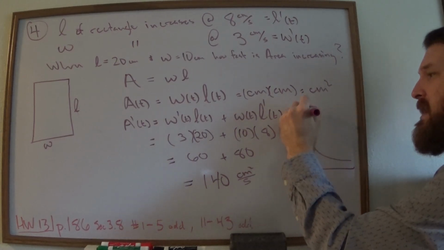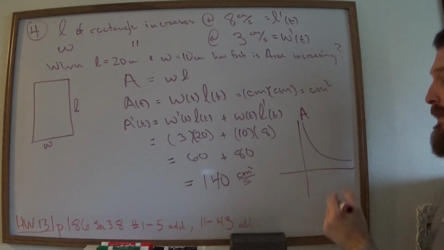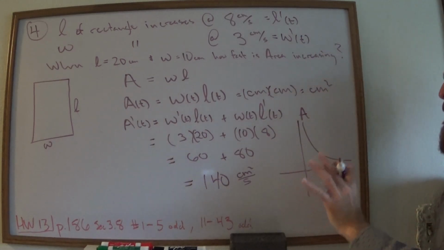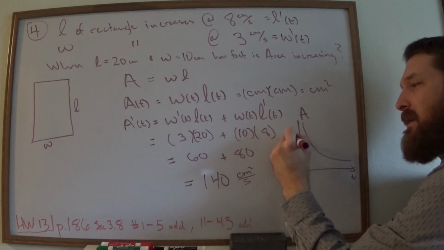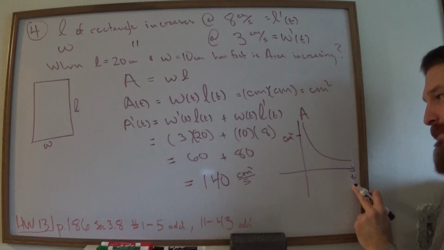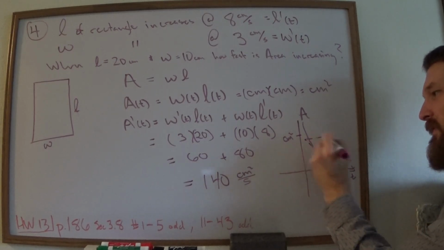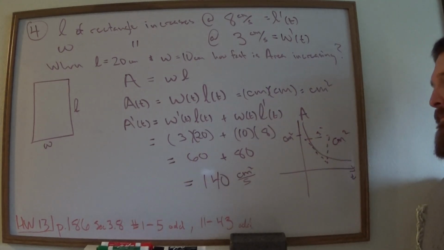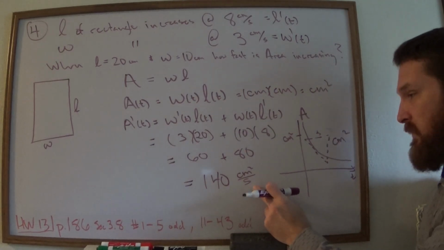The output of area is centimeters squared, time is in seconds, and so its slope will have units of centimeters squared per second. Not second squared, second. So I want to see units, please, on this one, okay?